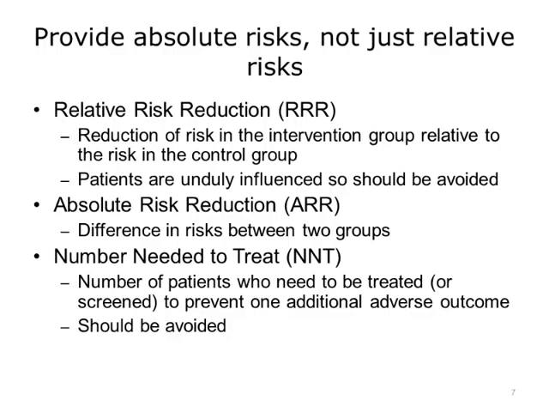The number needed to treat is the number of patients who need to be treated or screened to prevent one additional adverse outcome. Patients are unduly influenced when risk information is presented using a relative risk approach. This can result in suboptimal decisions and should be avoided. The NNT was found to be the most difficult for patients to understand, and it is recommended that this should never be the sole way information is presented.